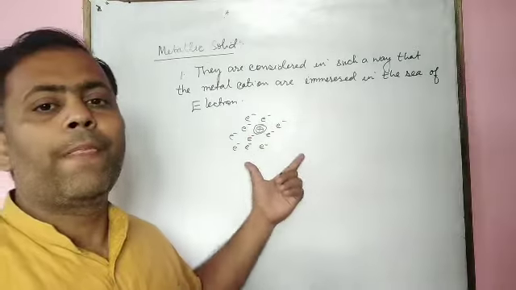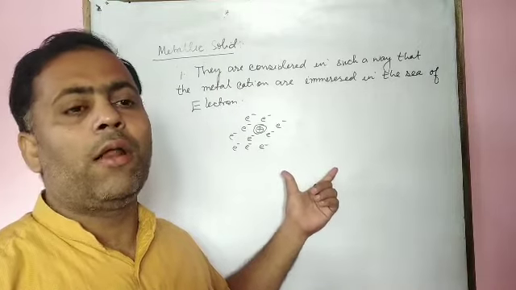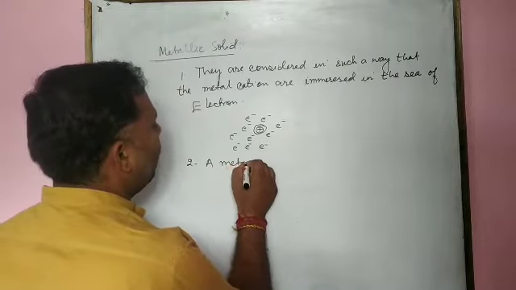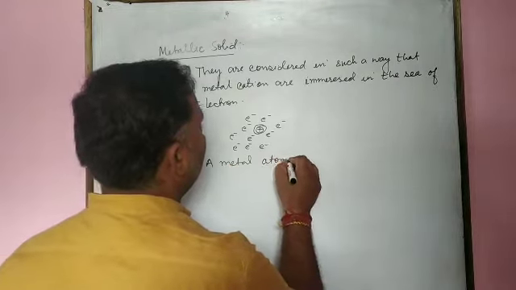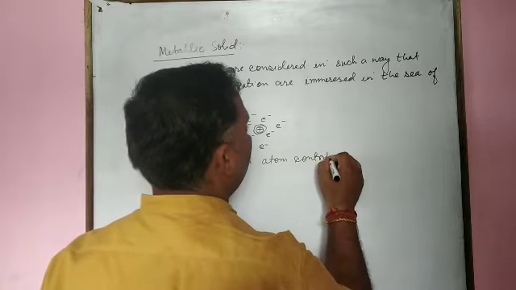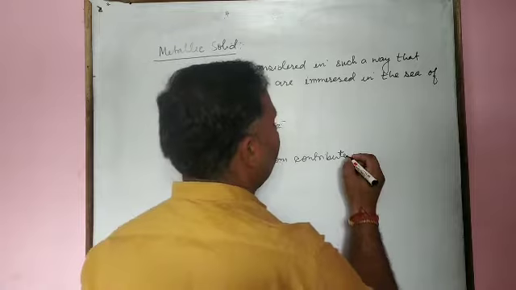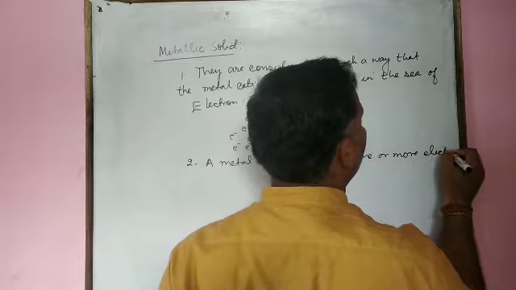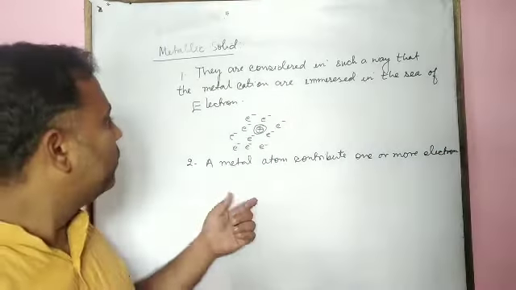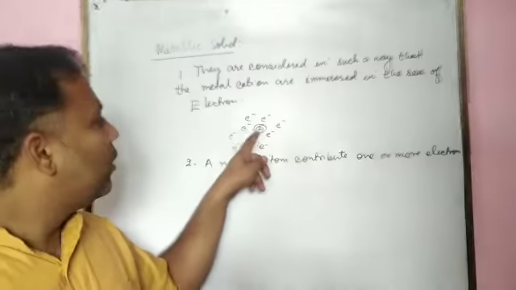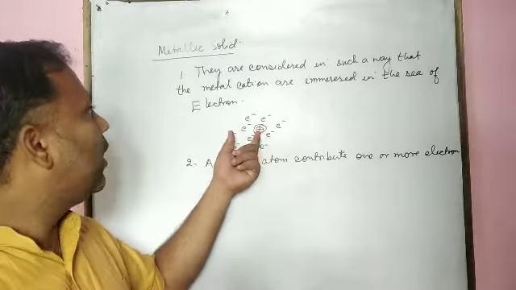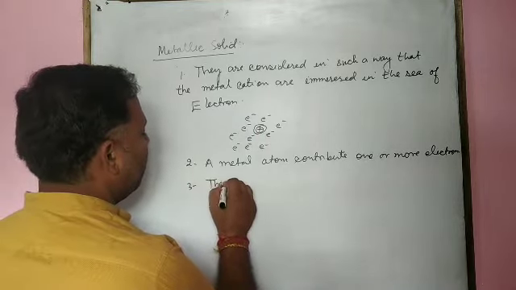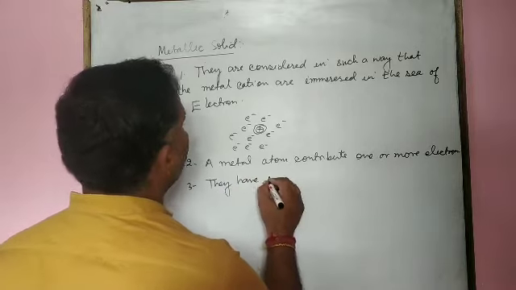In this case, a metal atom contributes one or more electrons. So the next one, we know these are negatively charged electrons and the metal atom is positive, then they have strong metallic forces.